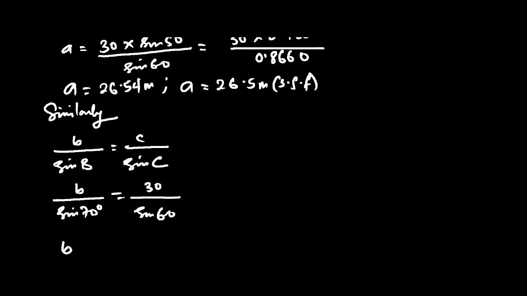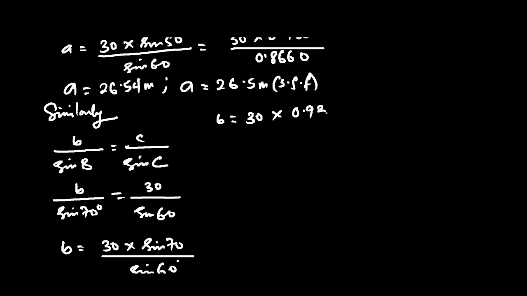So if you cross multiply, you have B equal 30 multiplied by sine 70 divided by sine 60. So B is equal to 30 times, sine 70 is 0.9397 divided by sine 60, 0.866, right? So if you take this, we have that B is equal to 33.